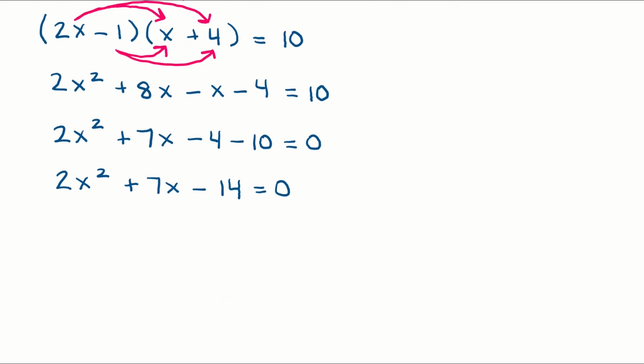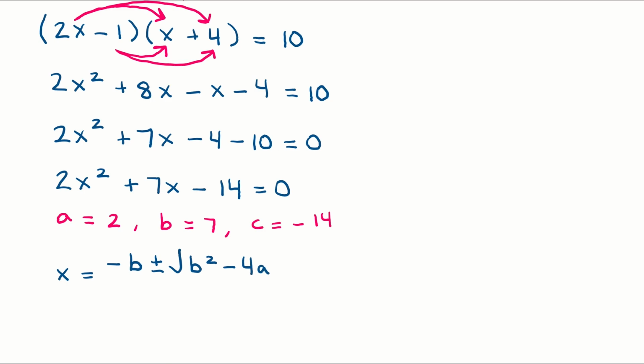So let's solve this by putting it into the quadratic equation. We know that a would be equal to 2, b is equal to 7, and c is equal to negative 14. The quadratic equation tells us that x is equal to negative b plus or minus the square root of b squared minus 4ac, all divided by 2a.